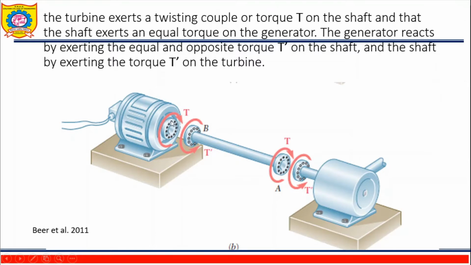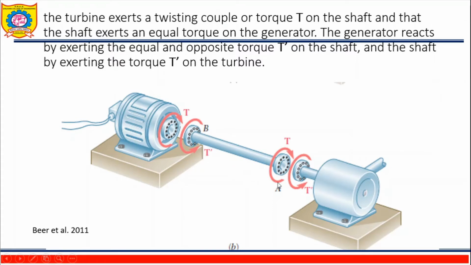This shaft is connected to the middle shaft AB with the help of bolts. When you try to rotate this shaft in the clockwise direction, a resisting torque will be developed at point B in the opposite direction.